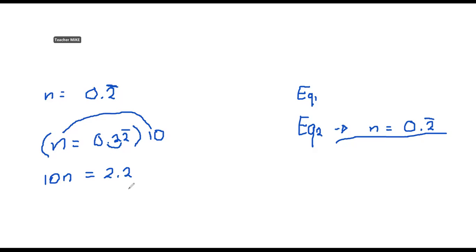So, ito na yung pangalawa nating equation. Magkakaroon tayo dito ng 10n is equivalent to 2.2 with a bar. Yan. Then, ang gagawin natin dito, ipag-subtract natin siya.